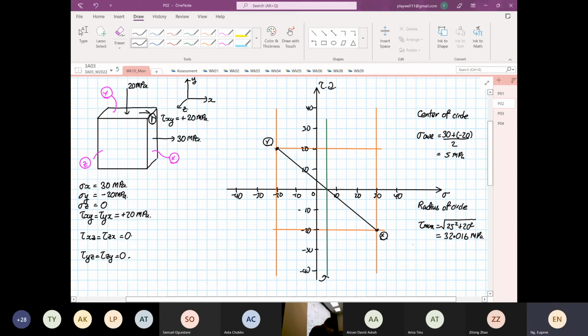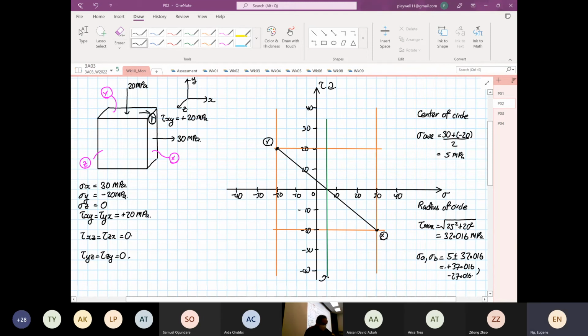megapascal. So your principal stresses, I'm going to call them A and B this time. It's 5 plus or minus 32.016. The positive one is 37.016, and the other one is 5 minus 32.016, which is equal to minus 27.016.